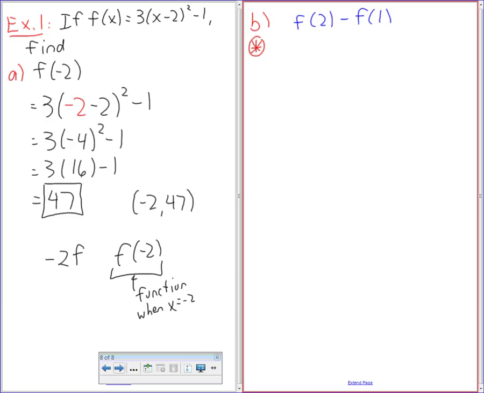Right, so this is going to be the y value when x equals 2. That's what that equals. Yes, we're heading into that.